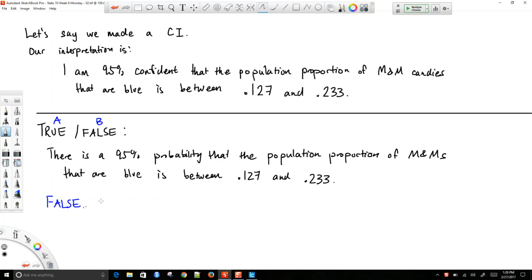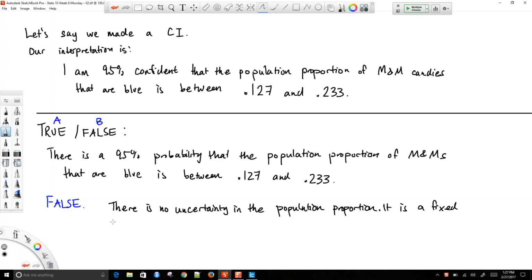That would be a silly waste of energy, but there's no uncertainty as far as this population proportion. So I'm going to write that: there's no uncertainty in the population proportion. It is a fixed, but unknown quantity.